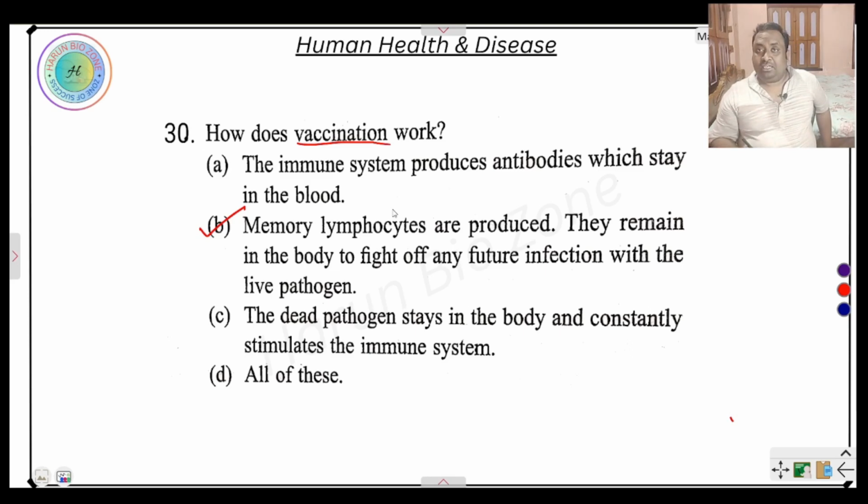These memory cells are stored in our body. When that type of infection occurs a second time, the already prepared antibodies work against this germ. So many lymphocytes are produced. They remain in the body to fight off any future infection with the live pathogen. This is the correct answer.